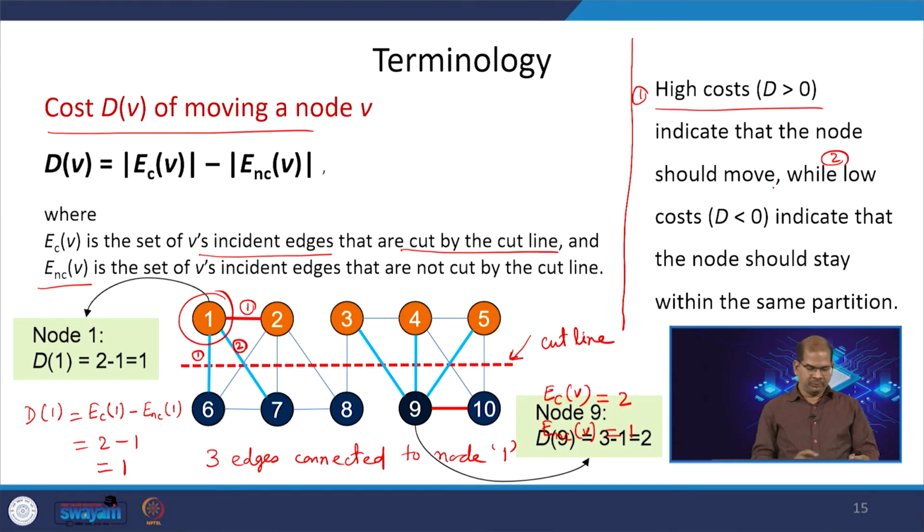If D of that node is larger, then you should move that node to the other partition. If D is less than 0, or negative, it indicates that the node should stay in the same partition. If D is negative, it should stay in the partition, because if it is positive, it should move.